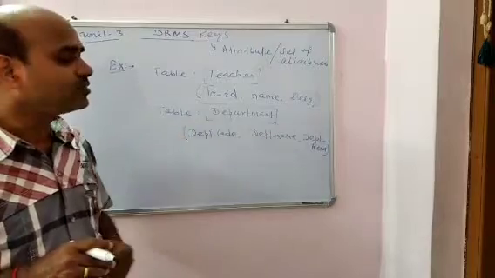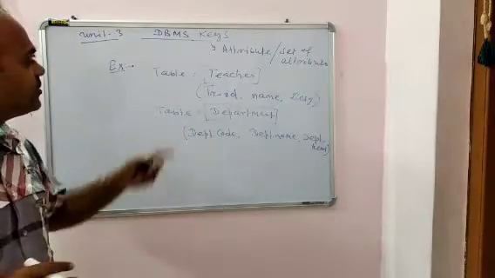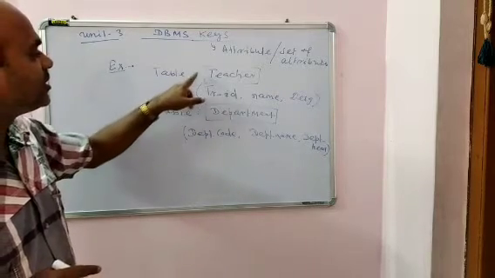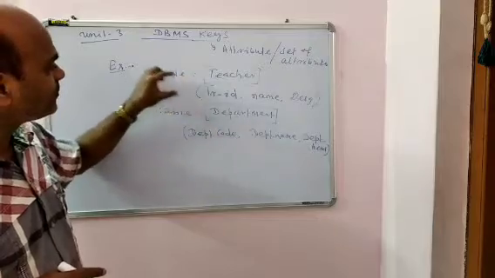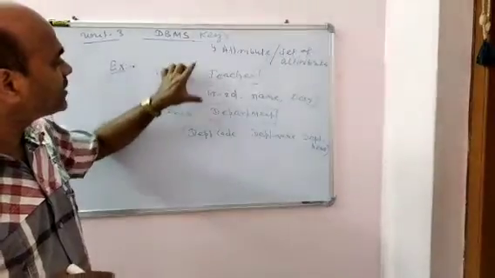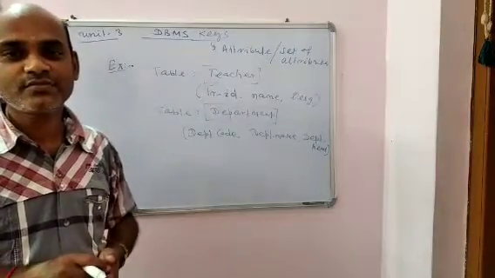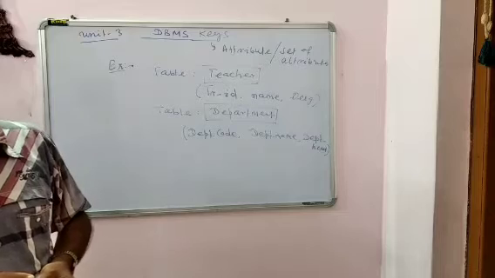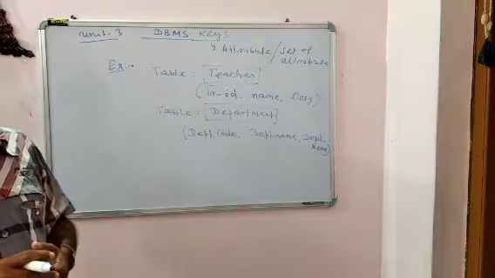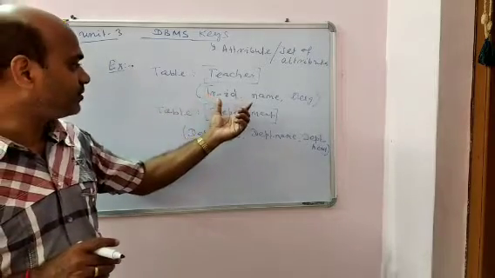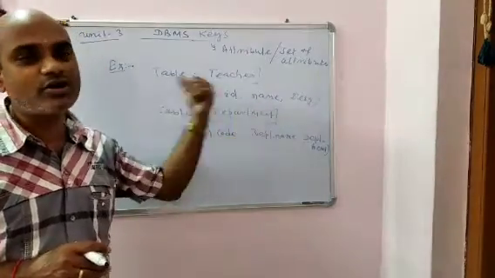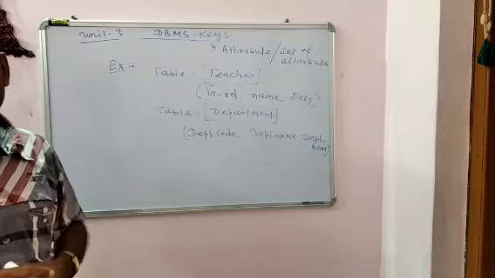There is no way to search this type of value because there is no relation between these two tables. We cannot relate the teacher table and the department table. So which teacher works in which department, we cannot find out. For a teacher ID, we cannot search this type of query.